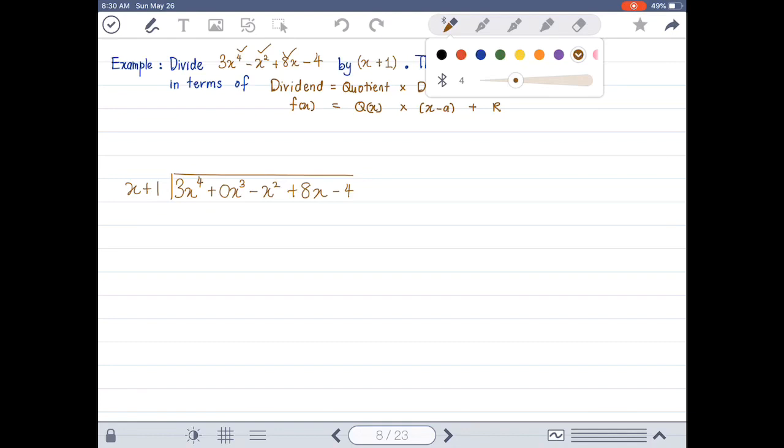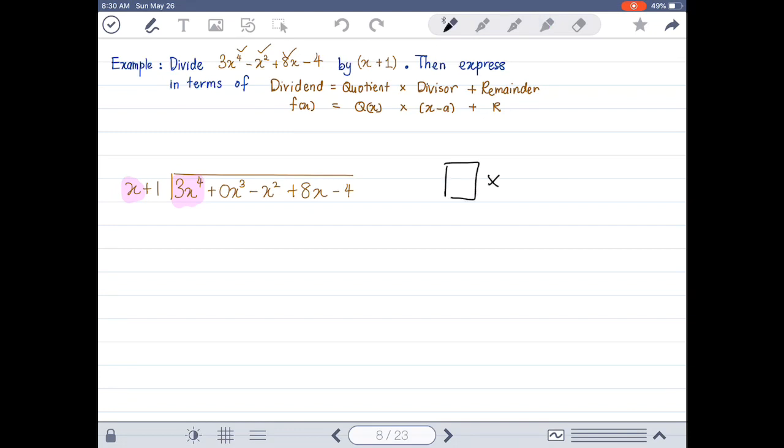Again, the first step. What times x should get 3x to the power of 4? That is just 3x to the power of 4 divided by x. You should get 3x to the power of 3.